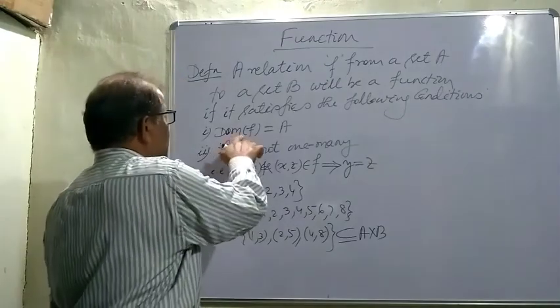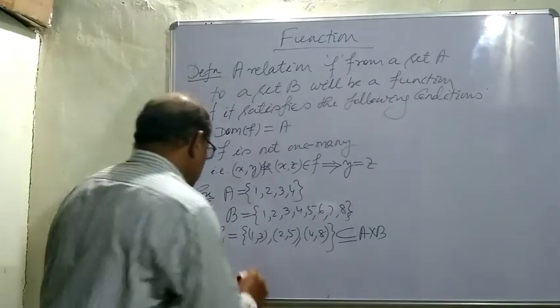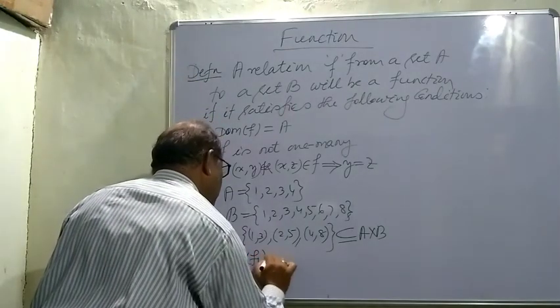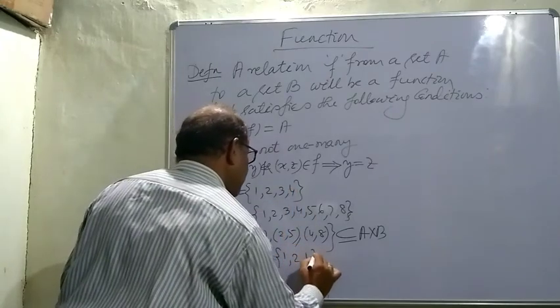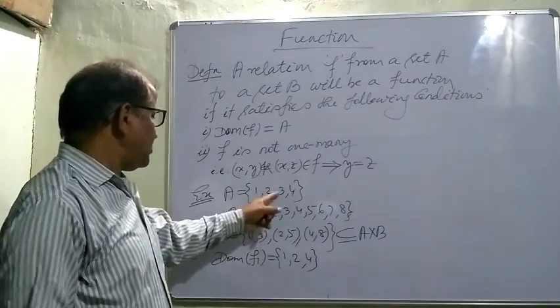First, I have to test whether its domain is equal to A or not. Domain of F1 is the set of first elements: 1, 2, 4, right? You see 3 is in A, which is not there.